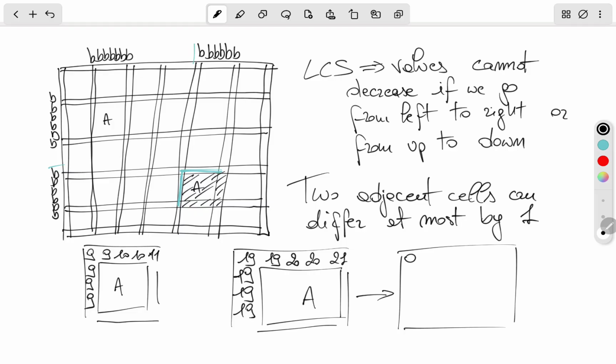So this one becomes 0, 0, 1, 1, 2, 0, 0. And at this point, if I make this canonicalization of both submatrices, they actually become the same.